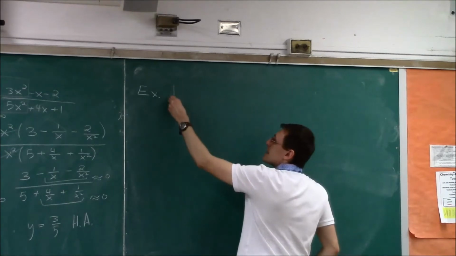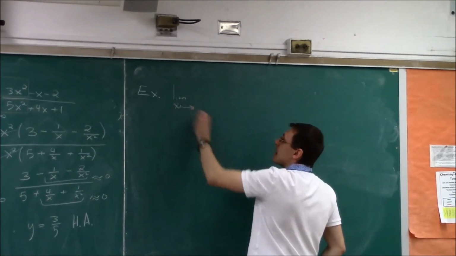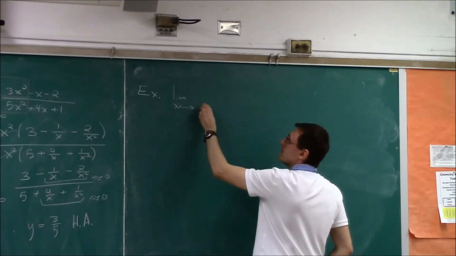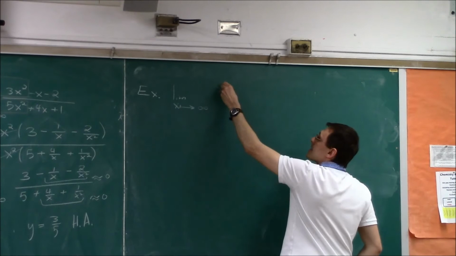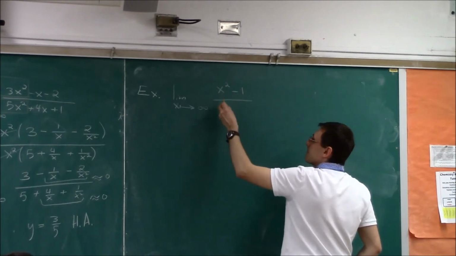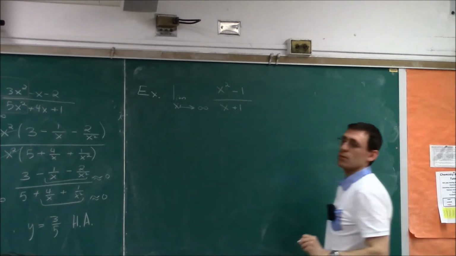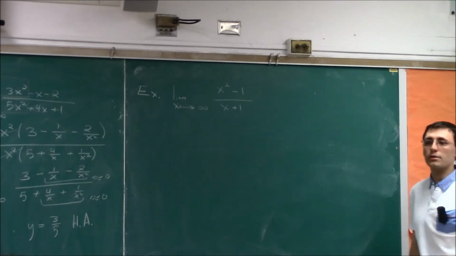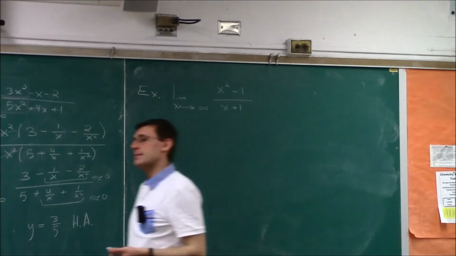Now what we have is the limit as x goes to infinity of x squared minus 1 over x plus 1. Figure out this limit and tell me if we have any asymptotes.